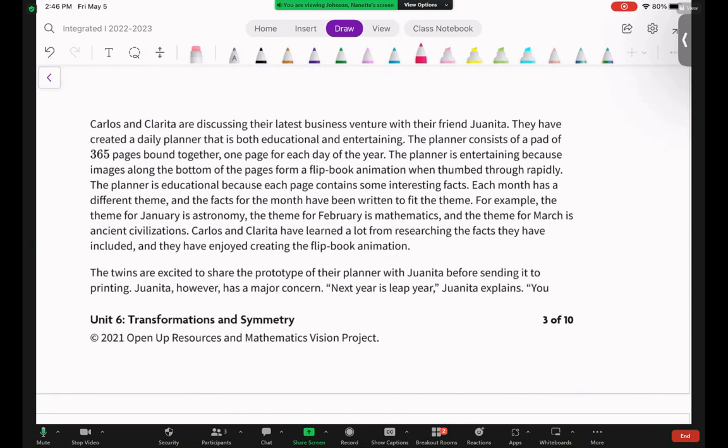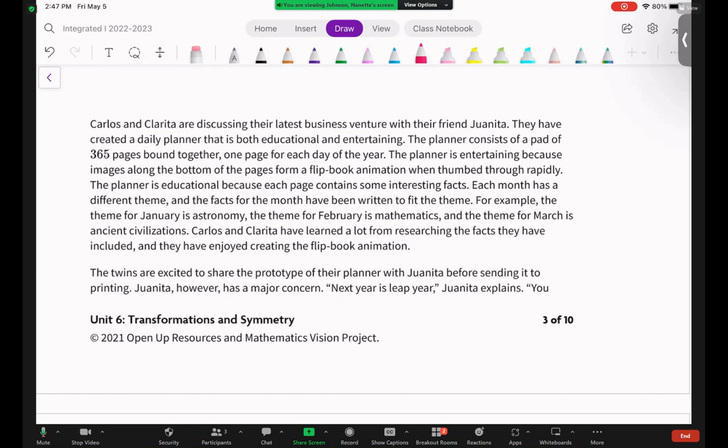All right, back to Carlos and Clarita. They are discussing their latest business venture with their friend Juanita. They're always very entrepreneurial. They have created a daily planner that is both educational and entertaining. The planner consists of a pad of 365 pages bound together, one for each day of the year. The planner is entertaining because images along the bottom of the page form a flip book animation when tumbling through rapidly.